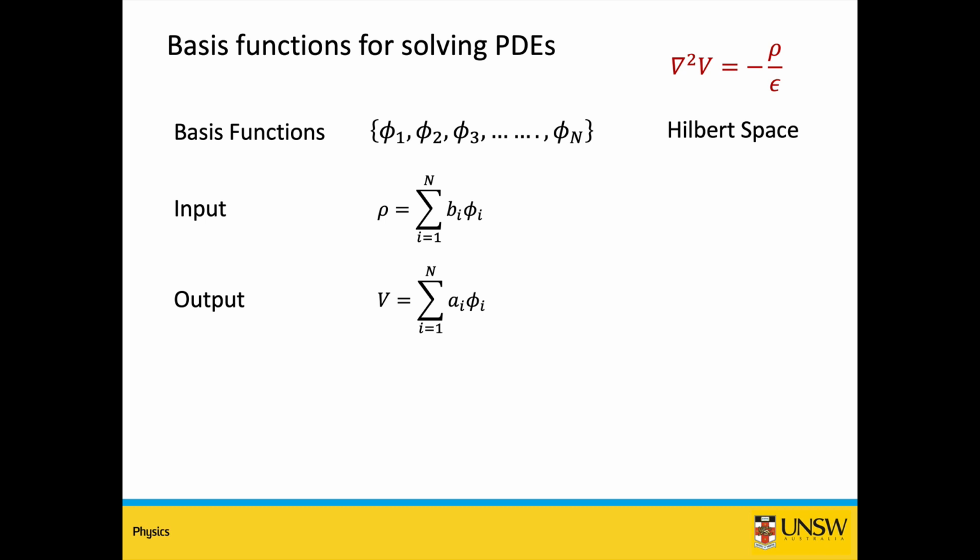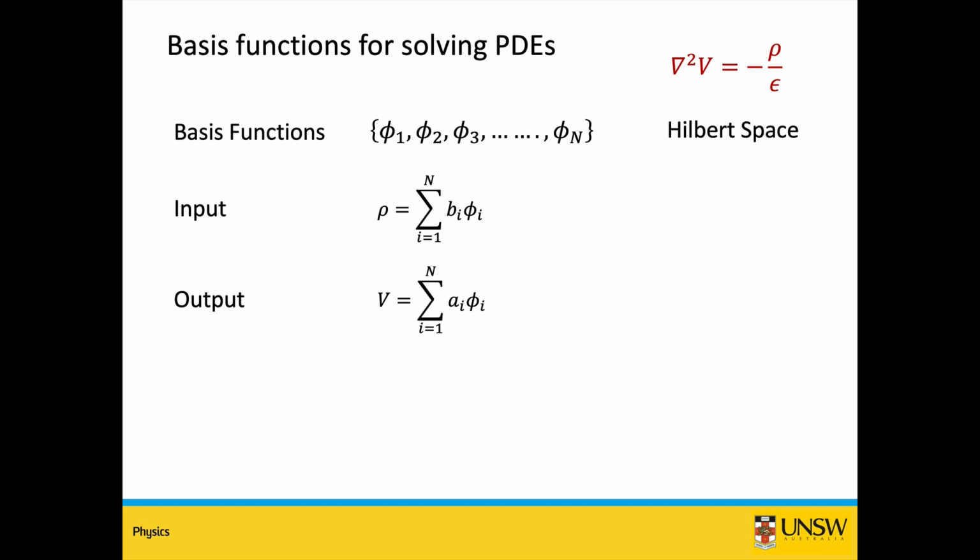And so from the Poisson equation, your input variable is the charge density rho, and your output variable is the electrostatic potential V. And you have to express both of these now in terms of these basis functions. Here I show rho, the charge density, as a linear combination of the basis functions.